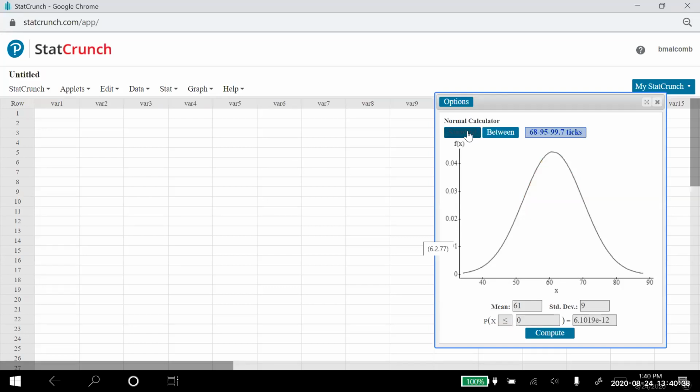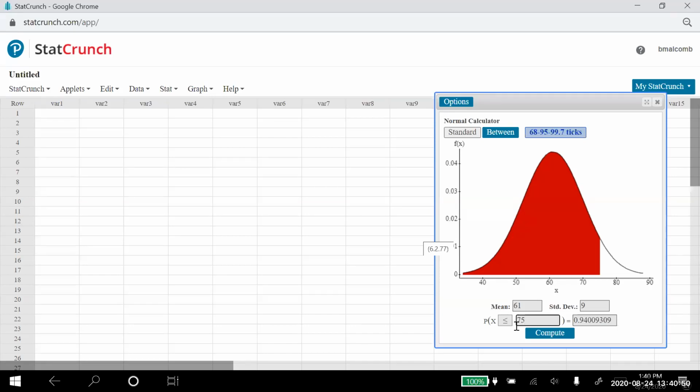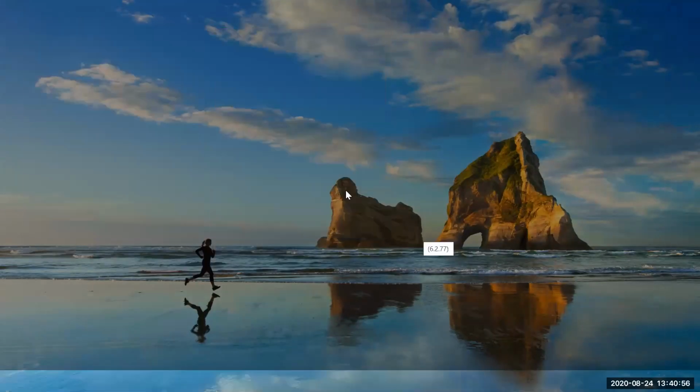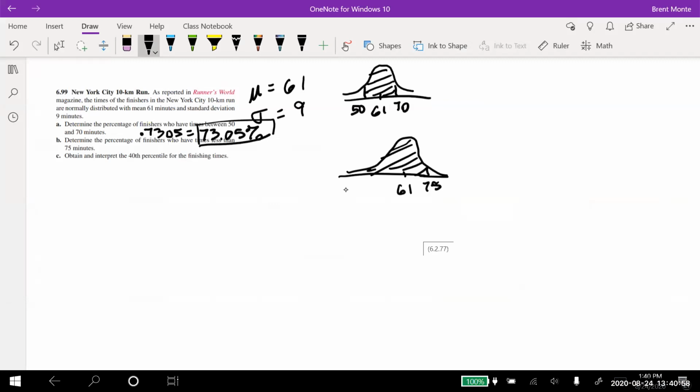So now it's standard, and it's less than 75. 0.9400, again, the next number is 5 or bigger, so I round up, 0.9401, or 94.01%.